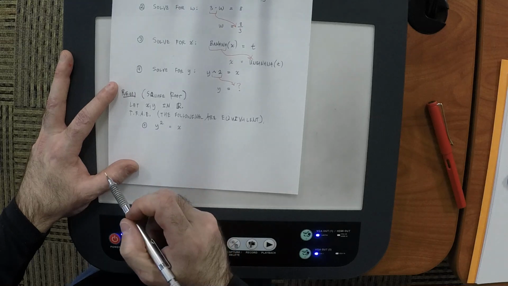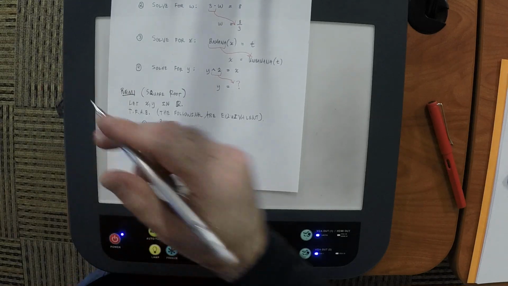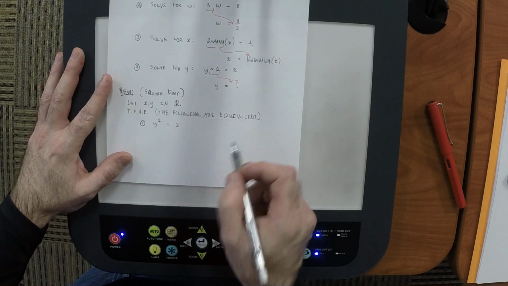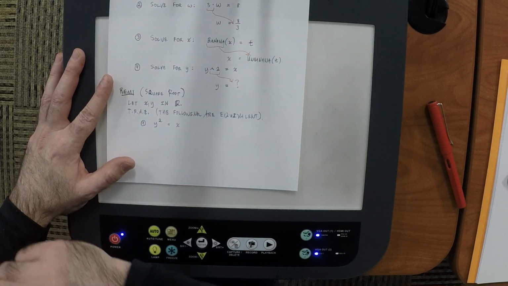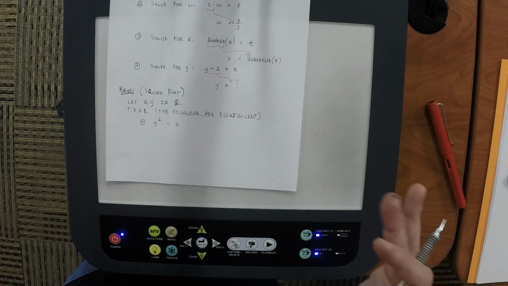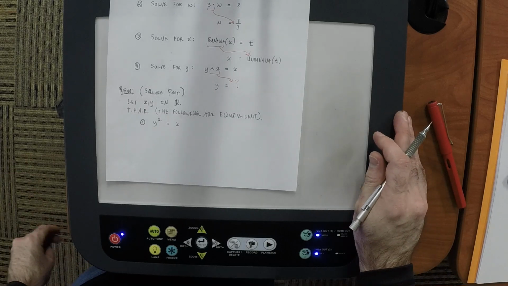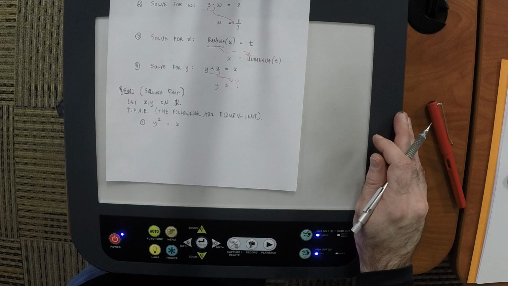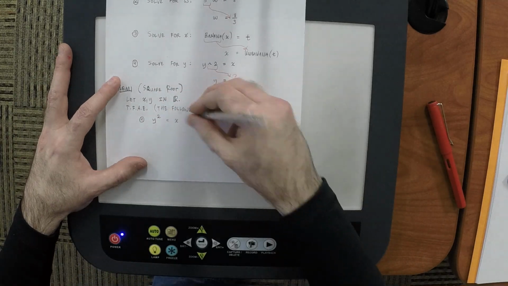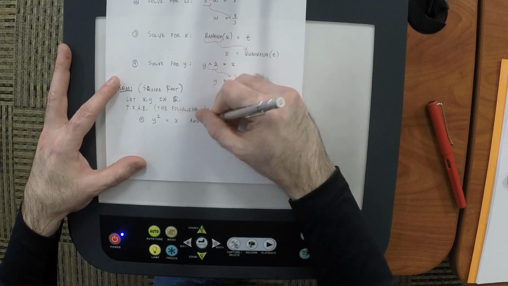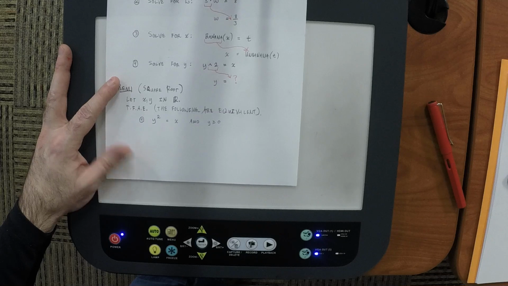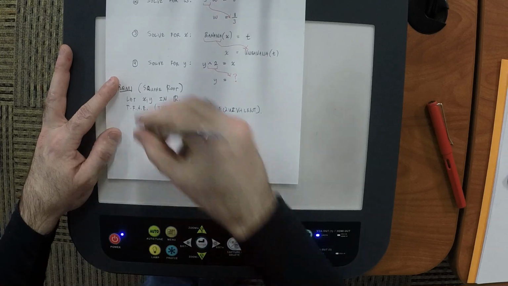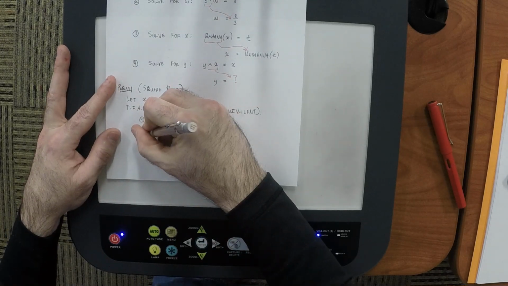Now, it's my experience that many students come here knowing about square root, but they don't know the whole story. There are some gaps in their knowledge, and this next thing I'm about to write is one of those gaps. So y squared is x, and y is greater than or equal to 0. So that's one situation.